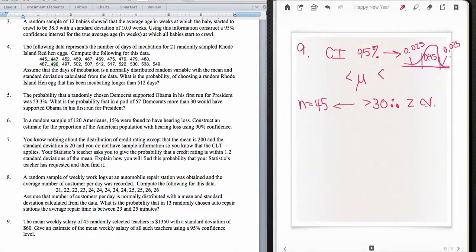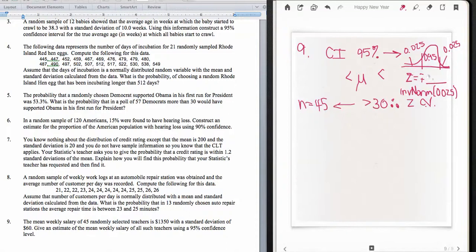And so these critical values, these z's, the minus on this side and the plus on this side, are going to be found from the inverse normal of 0.025. Now this one's going to give you the negative, but we don't care about the sign.